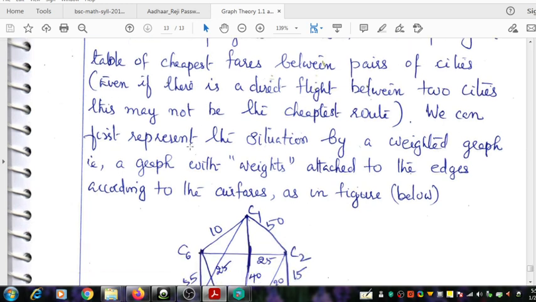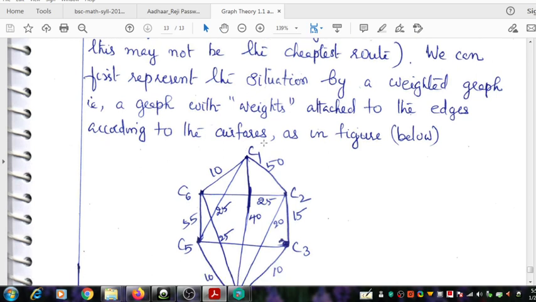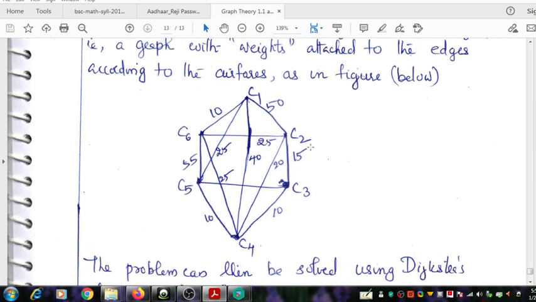Now we can first represent the situation by a weighted graph, a graph with weights attached to the edges according to the airfares, as in the figure below. In this graph, vertices stand for cities where the company has offices, and the edges stand for direct flights.